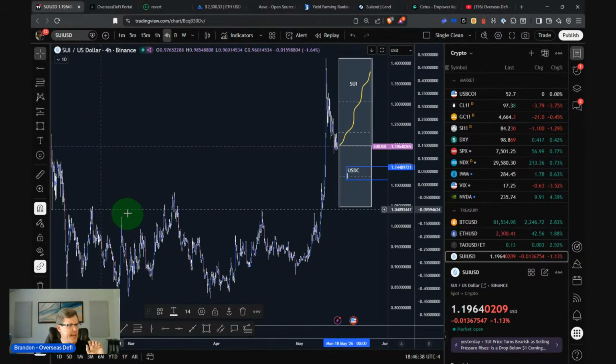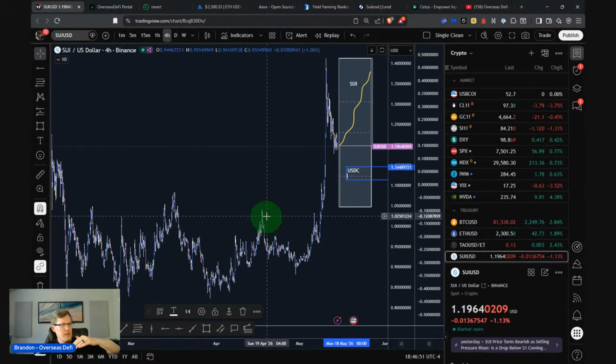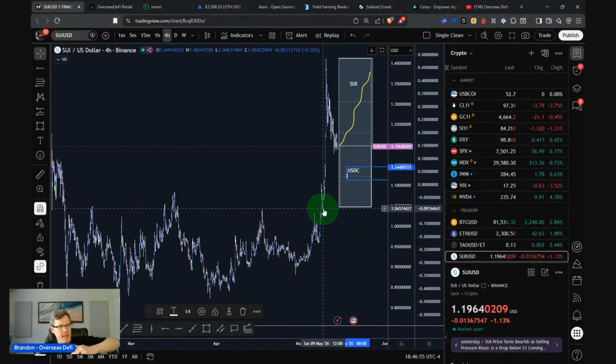We had this area where it kept functioning like a ceiling on price, right? That zone that I had in here, I shouldn't have deleted it now, but for months, the price kept getting shoved back down. And then we had this large breakout here just over the weekend.